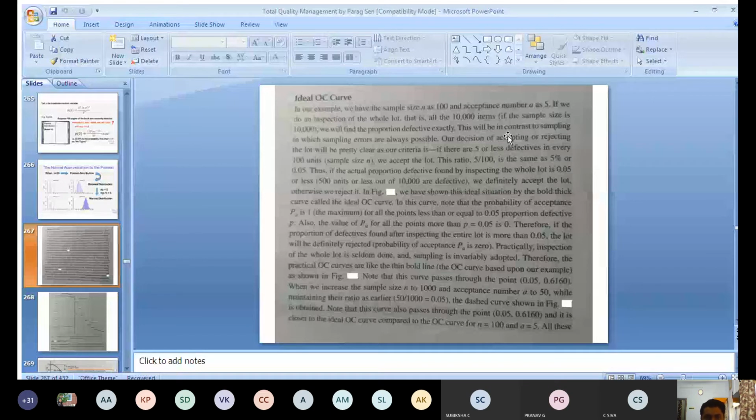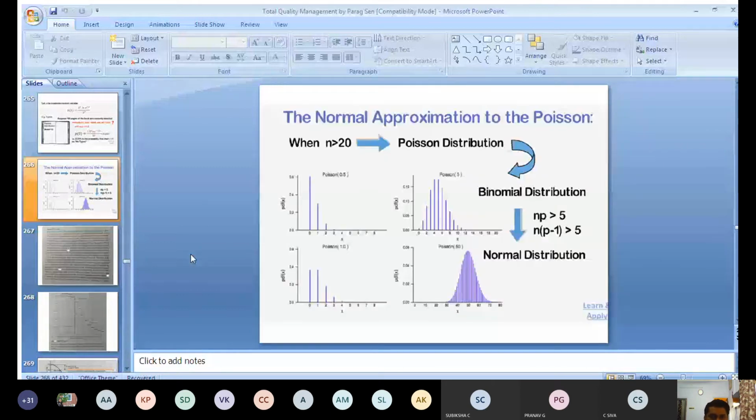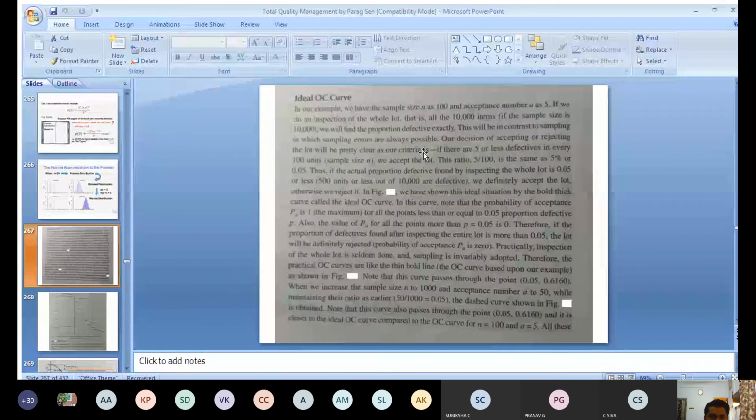This is in contrast to sampling, in which sampling errors are always possible. Our decision of accepting or rejecting the lot will be pretty clear, as our criterion is: if there are 5 or fewer defectives in every 100 units, we accept the lot. The ratio 5 divided by 100 is the same as 5%, or 0.05.